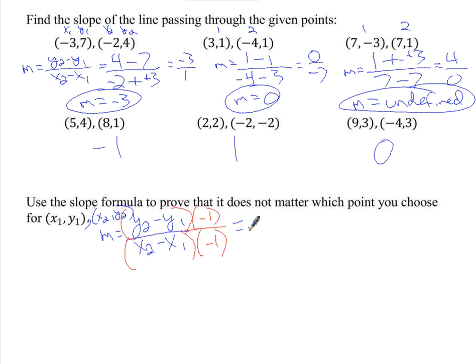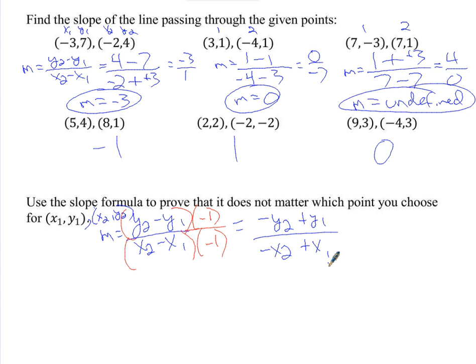What should I do? What's the next thing that we should do here? So distribute: negative y2 plus y1, divided by, plus x1.